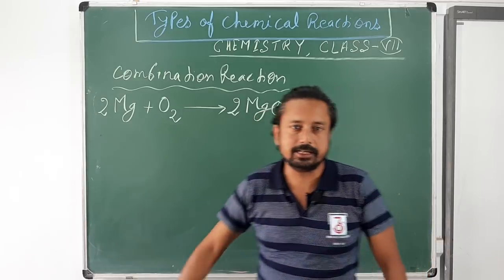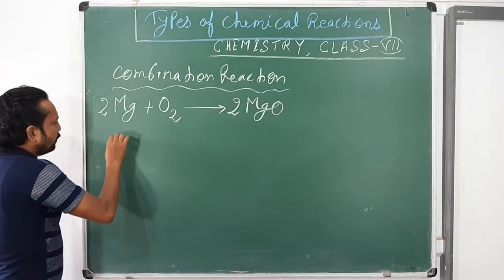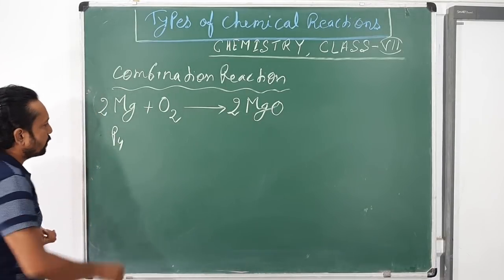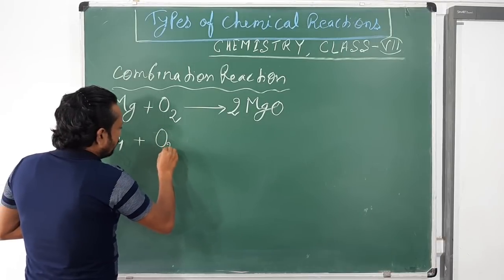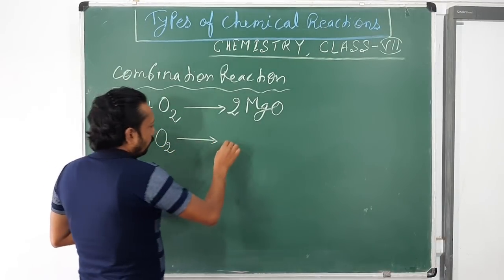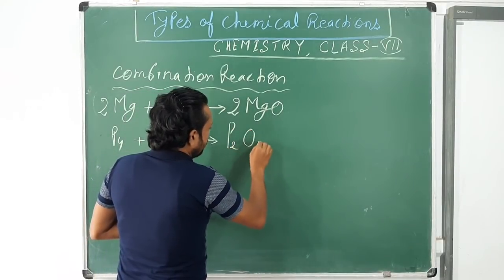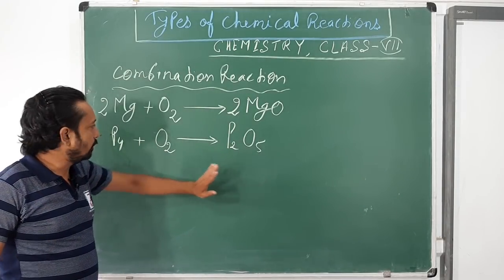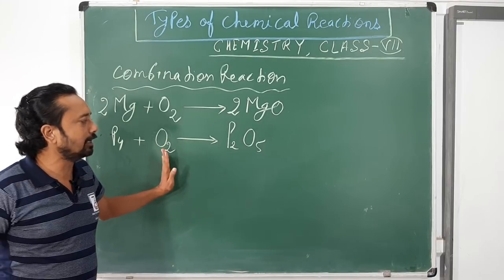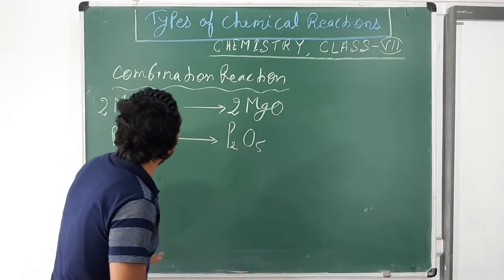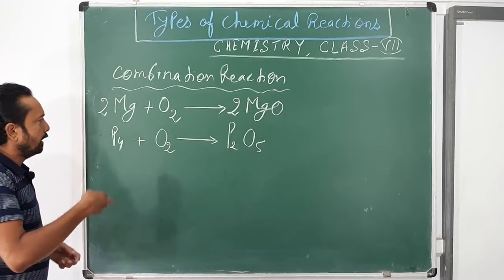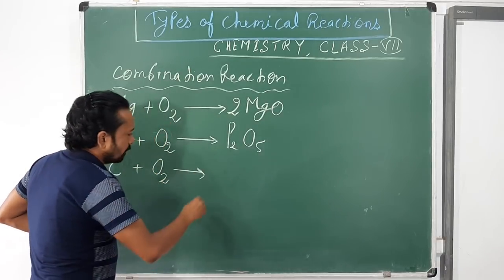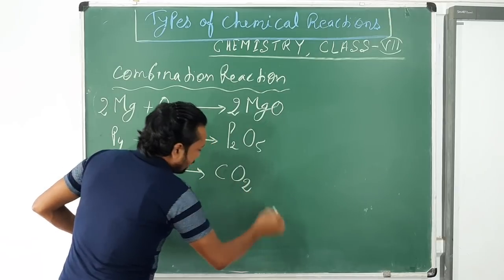Similarly, if we take phosphorus P4, because phosphorus is found in P4 form, when phosphorus burns in the presence of oxygen, it forms phosphorus pentaoxide P2O5. This is also a combination reaction because two different reactants combine together and form one new single product. Similarly, if we burn carbon in the presence of oxygen, it forms either carbon monoxide or carbon dioxide.